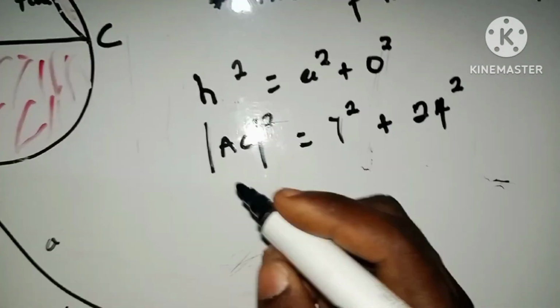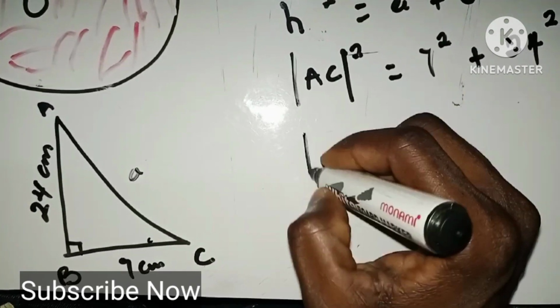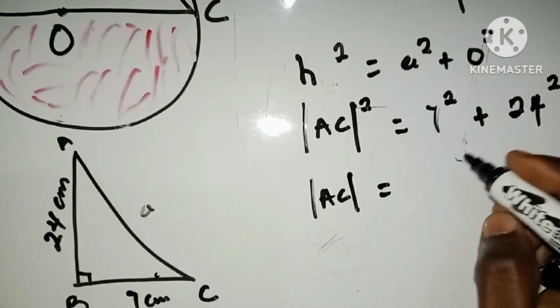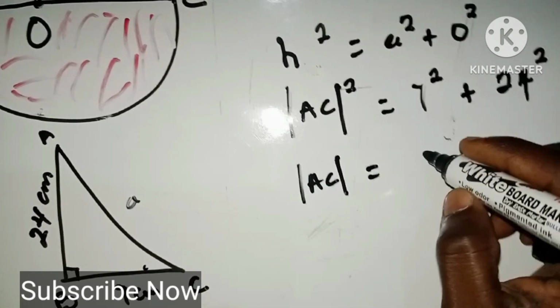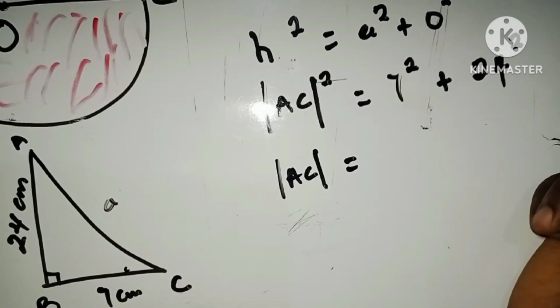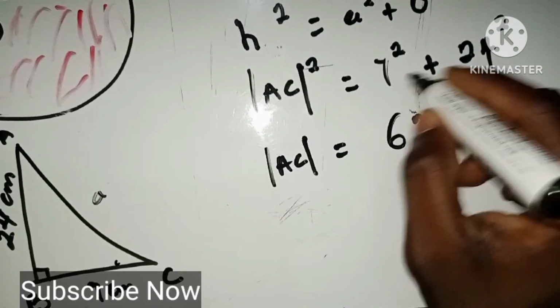Once you have that, we want to find the value of AC. From A to C, that's going to be 7 squared, which is 49, plus 24 squared. Do that calculation, and you should have 625 by adding these two.